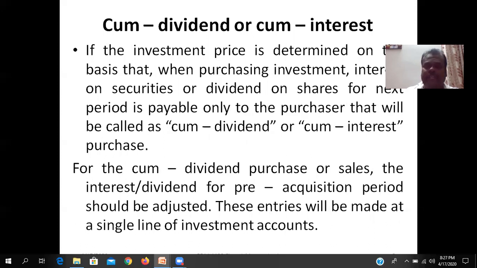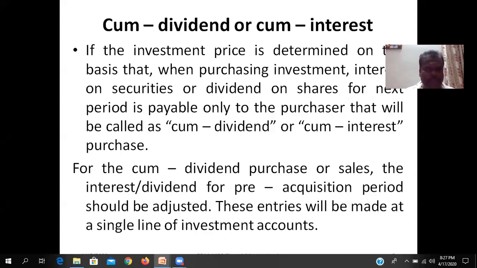When we deal with the investment account, we have to clearly understand two different terms. One is cum dividend or cum interest. Second, ex dividend or ex interest. So what is cum dividend or cum interest? If the investment price is determined on the basis that, when we purchase the investment, the interest on securities or dividend for the next period is payable only to the purchaser, that is called cum dividend or cum interest.